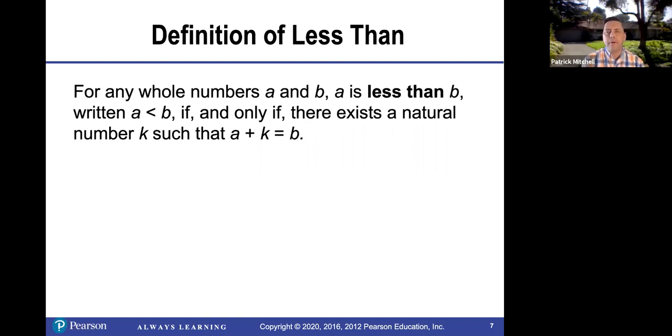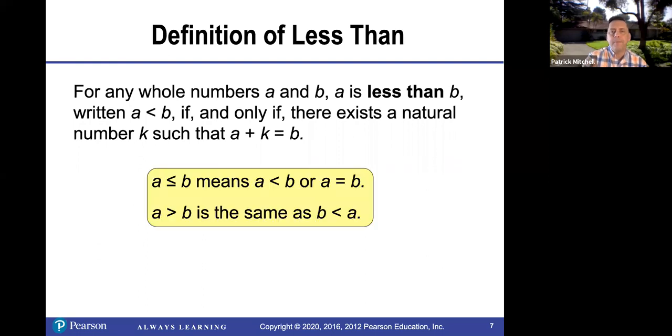So for example, we can say that 5 is less than 7 because there is a natural number, namely 2, that makes 5 plus 2 equal 7. Remember that a is less than or equal to b means that either a is less than b or a equals b. And remember that a is greater than b means the same thing as b is less than a.